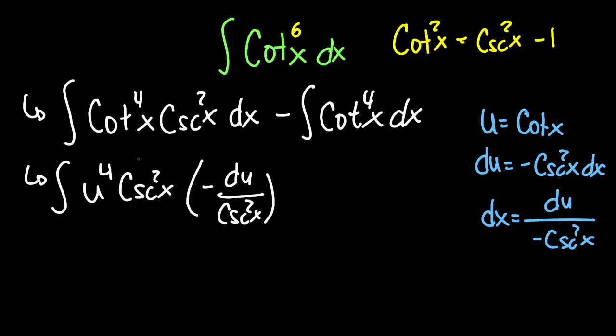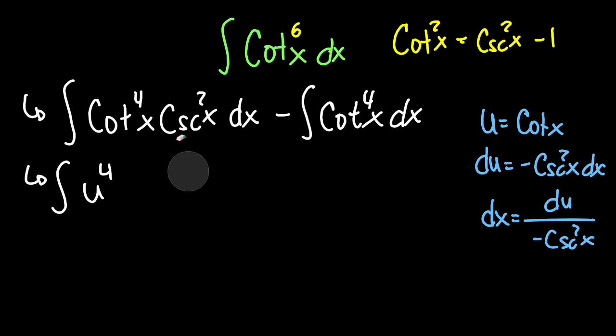You can see here that cosecant squared of x would cancel, leaving you with a negative du. And you can actually put the negative sign outside the integral, which makes this negative integral of u to the power of 4 of du.